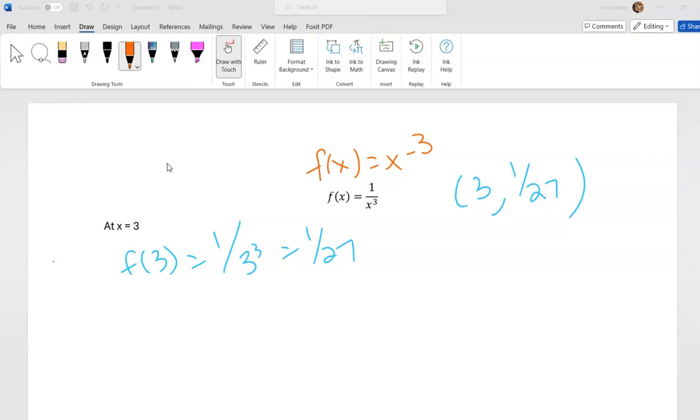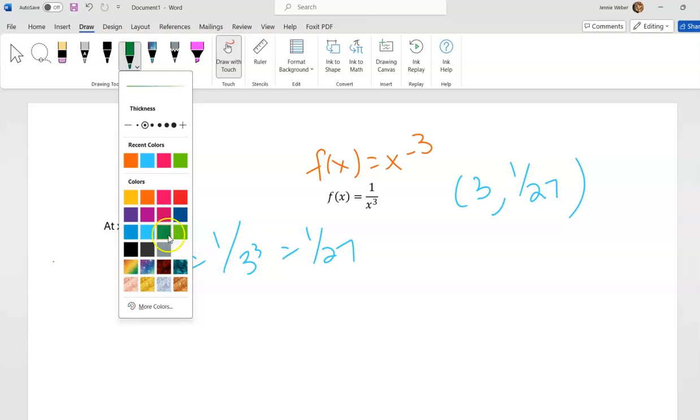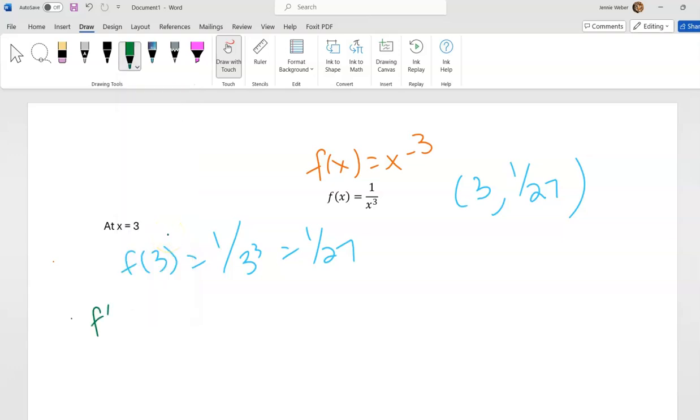But as soon as I rewrite it as a negative exponent, I can clearly see how I can apply the power rule. So then f prime is going to be negative 3x, I subtract 1, so minus 4, or negative 3 over x to the 4. Neither of these is fine.